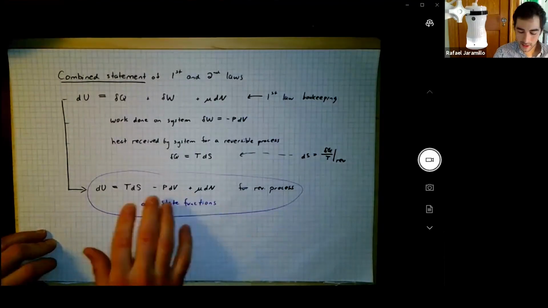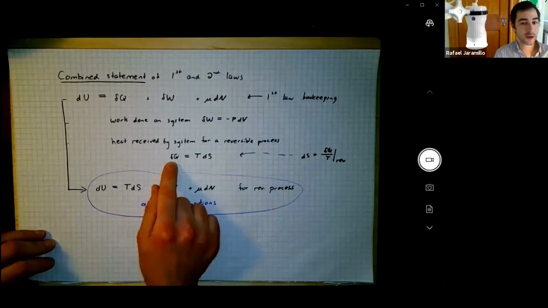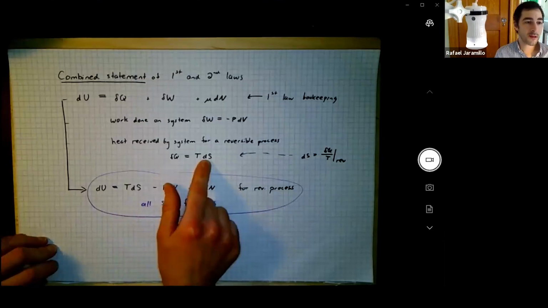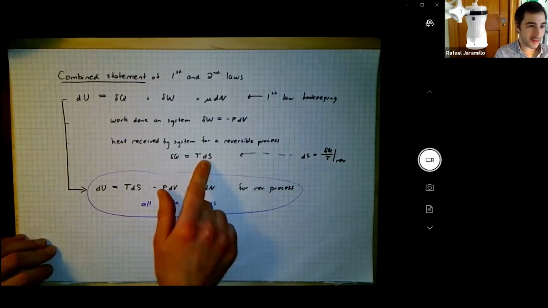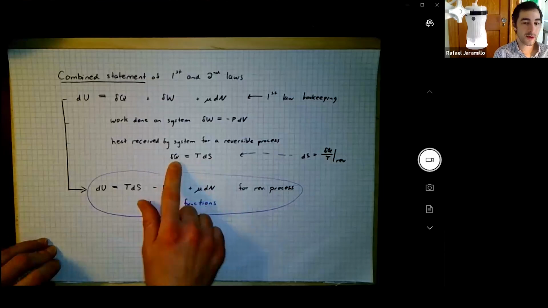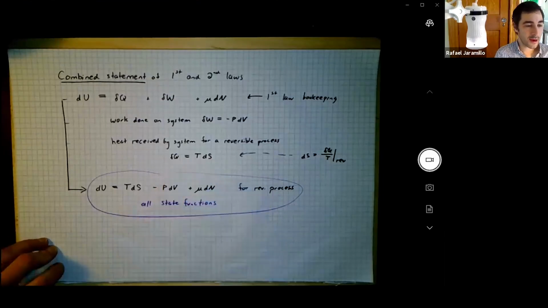This is only true for a reversible process. For an irreversible process, you're going to get the wrong expression here if you plug this in. We'll see for an irreversible process that dQ is always less than T dS. But at this level right now, I want to ask you if that made sense or we should continue.